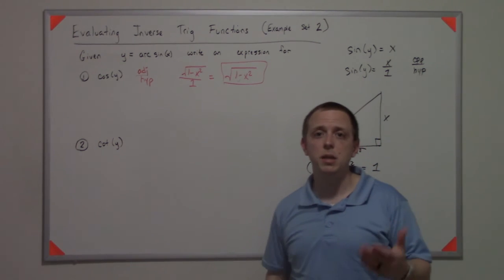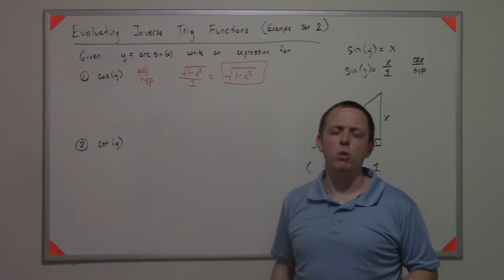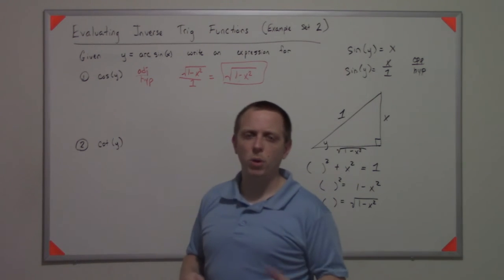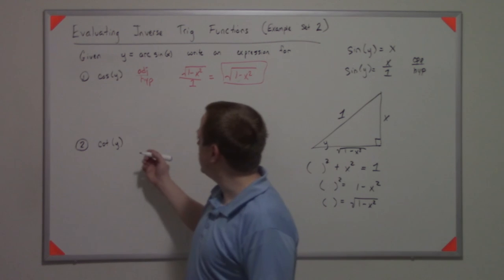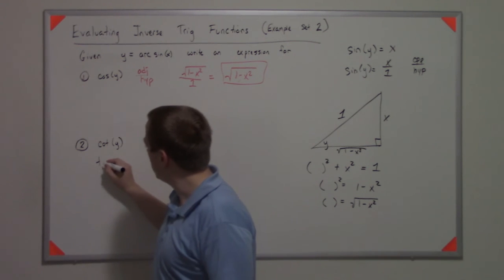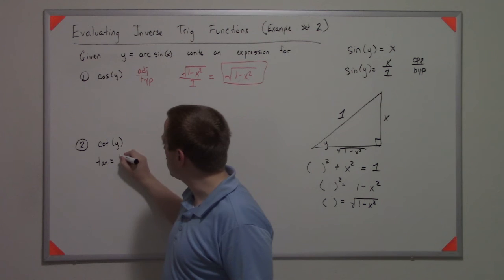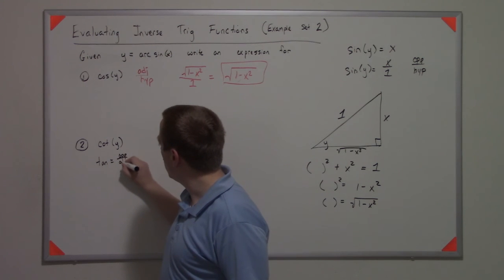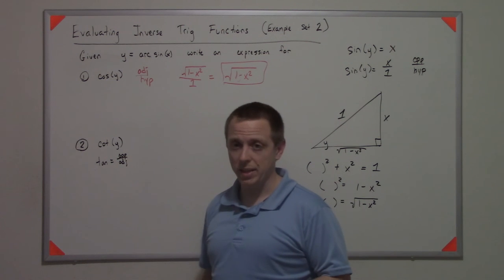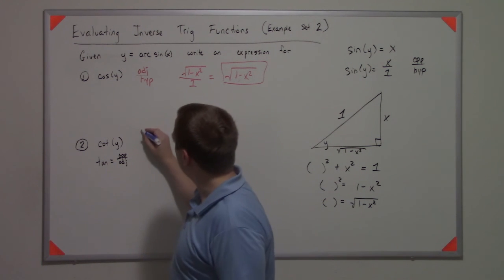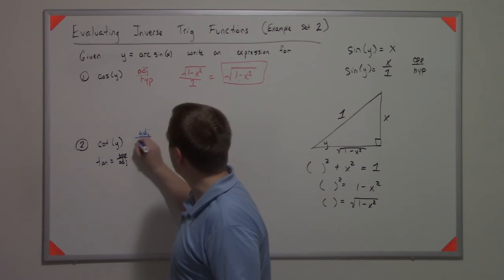For this one, it's similar. You just have to remember what cotangent is. Now, most people don't remember cotangent, but it's easier to remember tangent and then flip it. Since tangent is opposite over adjacent, cotangent is adjacent over opposite.